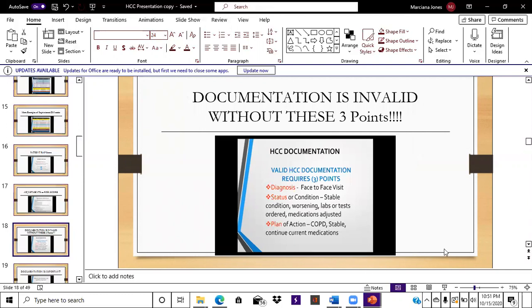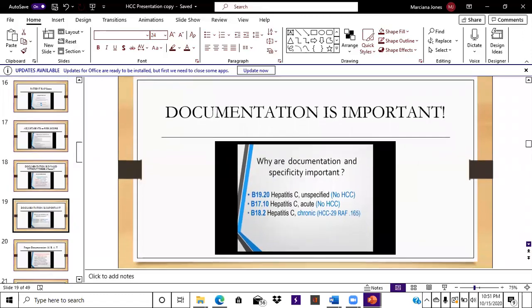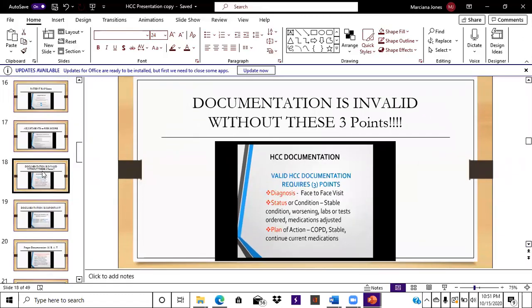So documentation is invalid without these 3 points. One, diagnosis: with HCC, make sure this is a face-to-face visit. Two, the status or condition.